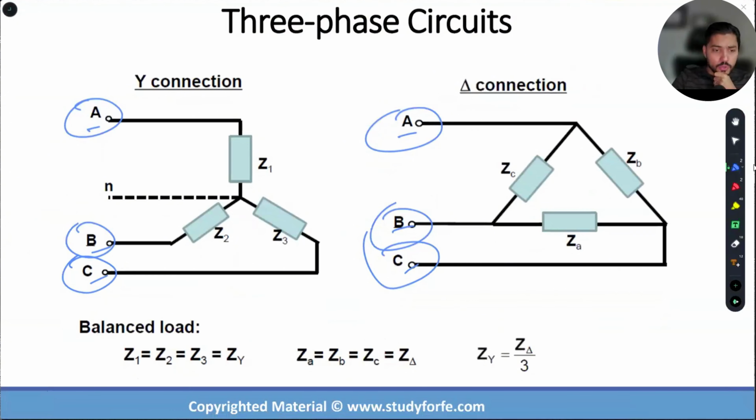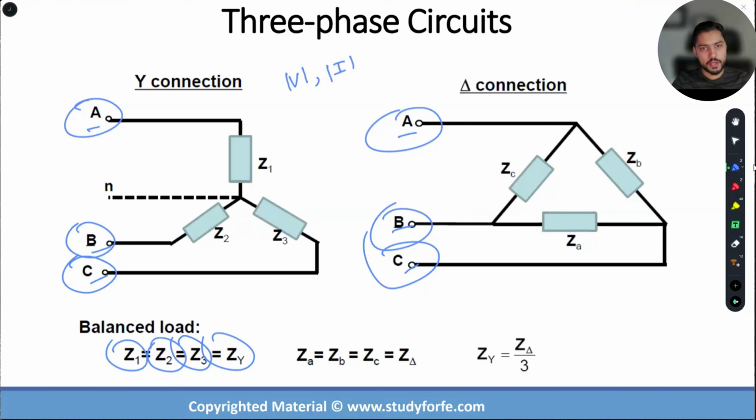If we have a balanced load, it simply means that all the impedances on each and every one of these phases are equal. Okay. And if we have a balanced three-phase system, it basically means that the magnitude of voltage, the magnitude of current are equal on each of the three phases on the load side as well as the source side.